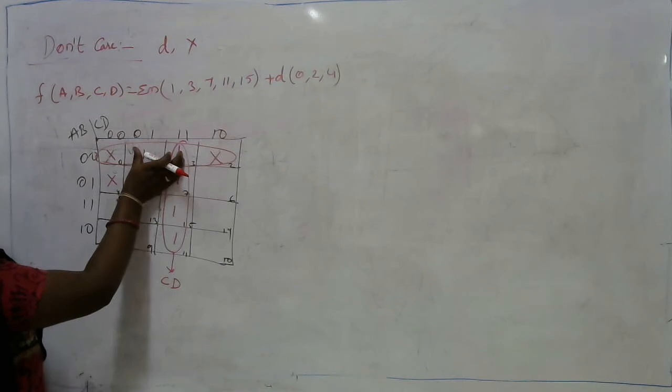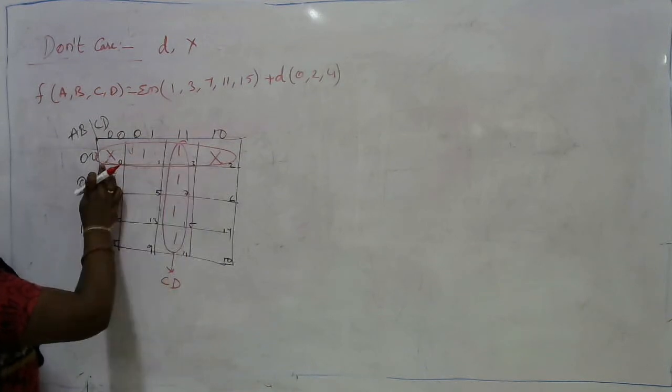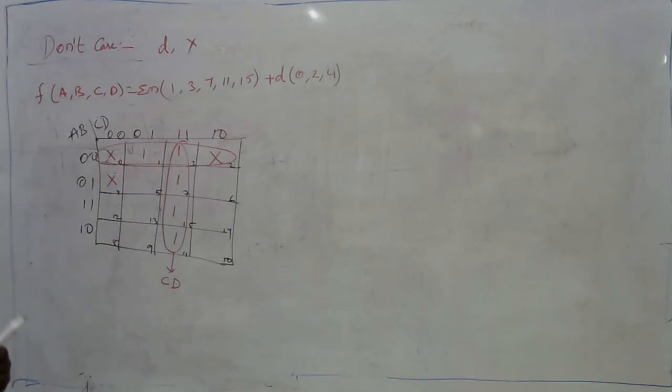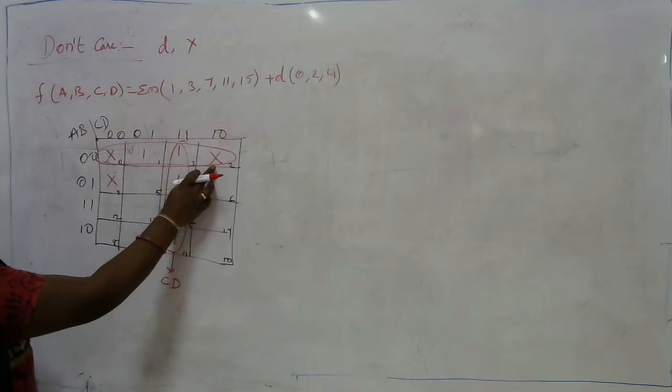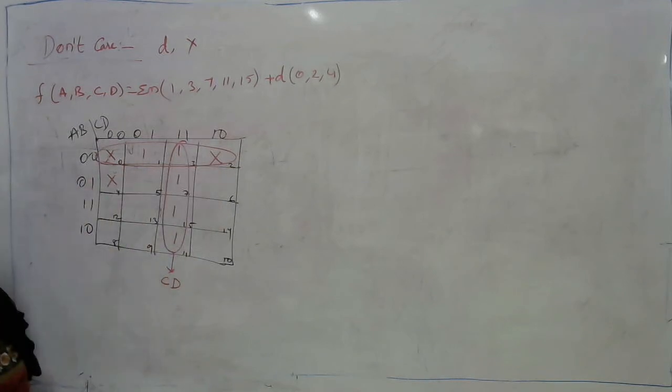Instead of using only these two as an adjacency, if I consider these two don't cares, now I will be getting a quad. If I make it an adjacency, I will be getting 3 variables. But if I make it a quad, I will be getting 2 variables. As 2 variables are fewer than 3 variables, I am considering the don't cares 2 and 0 as SOP terms or minterms.